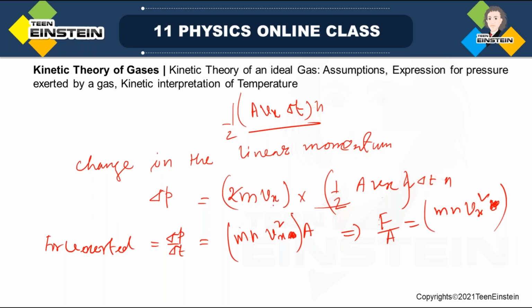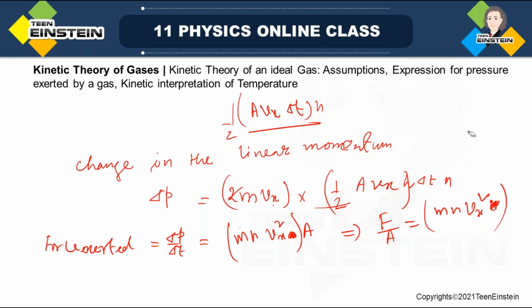Now see, there are actually many molecules. Even in the x direction, when molecules are moving, they may not have the same velocity Vx. They may have ranges of velocity. Vx will range from, suppose, 0 to some value, and then that value to some other value, etc. So all the molecules will not move with the same velocity.